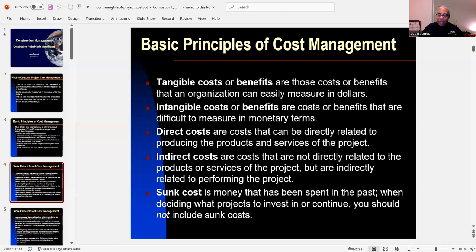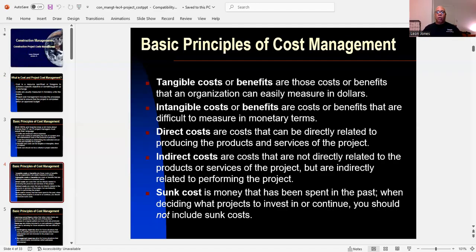When something is intangible, it's basically a service. That's why it's very difficult to measure in monetary terms, because you're basically going to be charged a fee. You're going to be billed for something. Like if a contractor or a client uses an engineering firm, that is going to be an intangible cost. Now, a tangible cost is going to be the cost of the equipment.